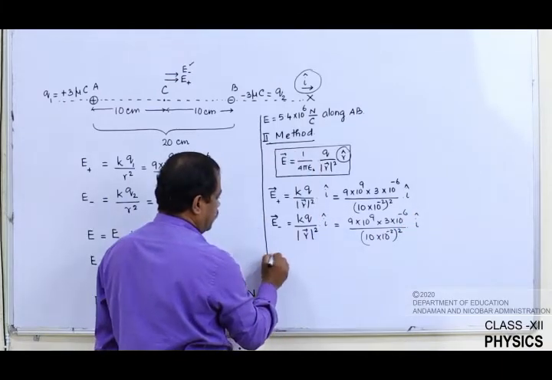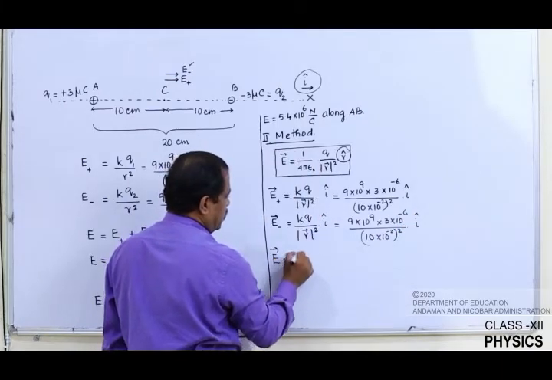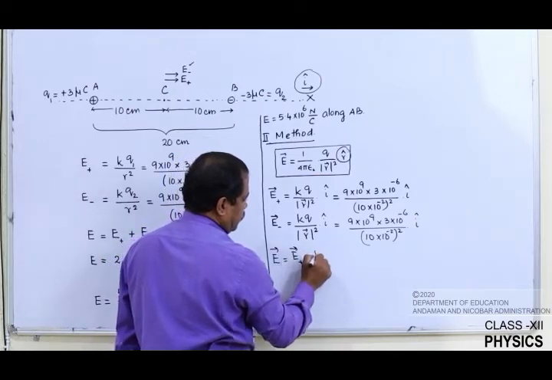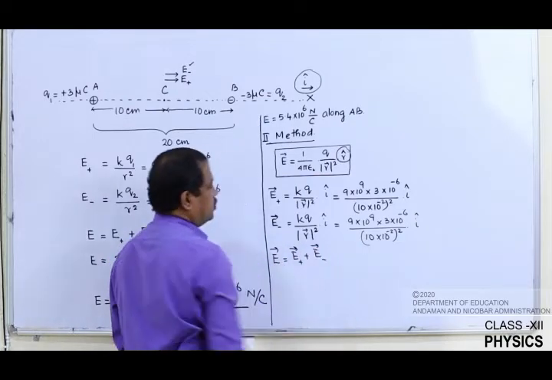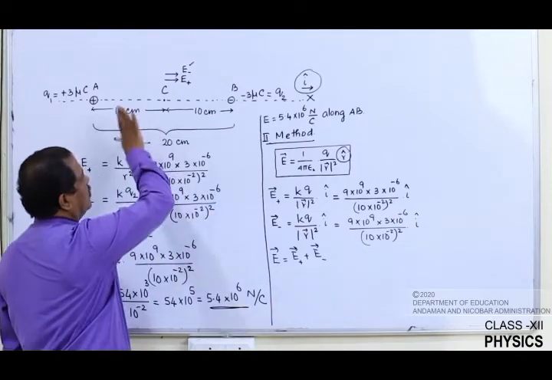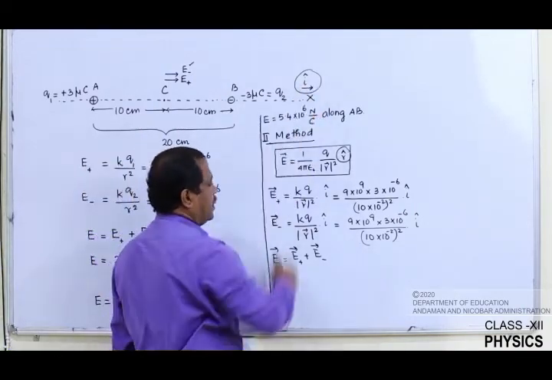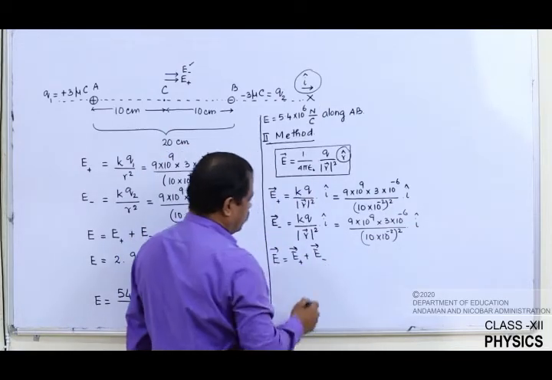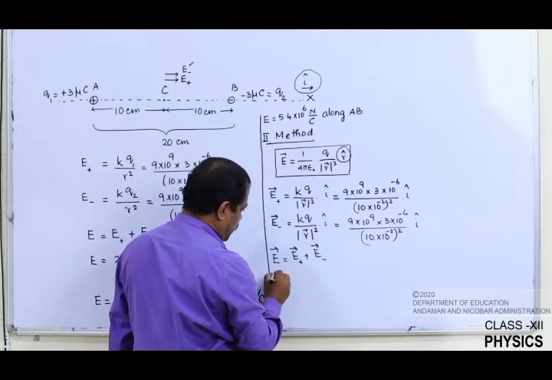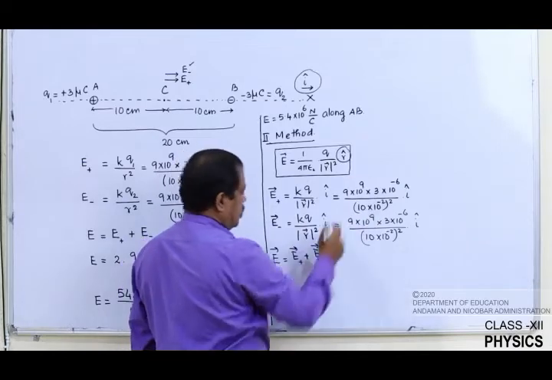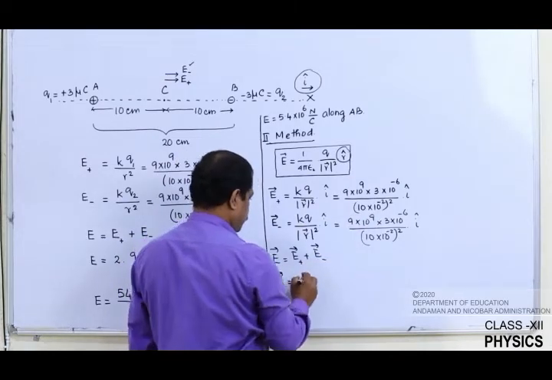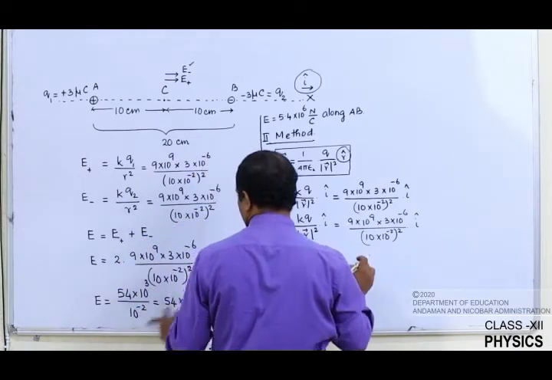Now the net electric field, when I try to find it, I know that it is the vector sum of the two electric fields due to the positive and negative charges, and the two electric fields are acting along the positive direction of the x-axis given by i cap. So straight away I am going to find the sum. When we work out the sum, it will be 2 into the same expression, since the magnitude is the same.